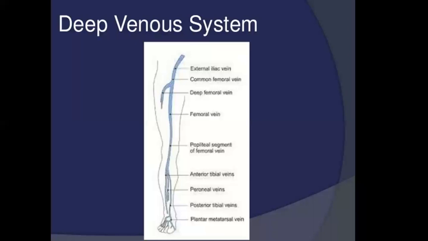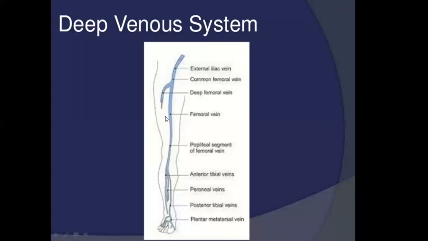So you get the femoral nerve most laterally, then the femoral artery, then the femoral vein, then here is the empty space, and then the deep lymphatics over here.